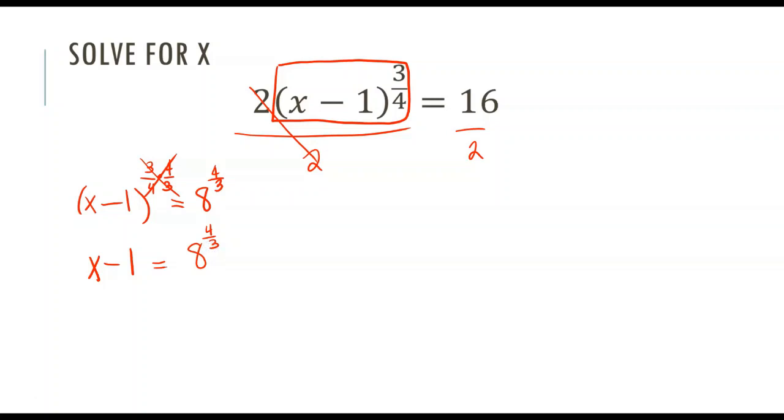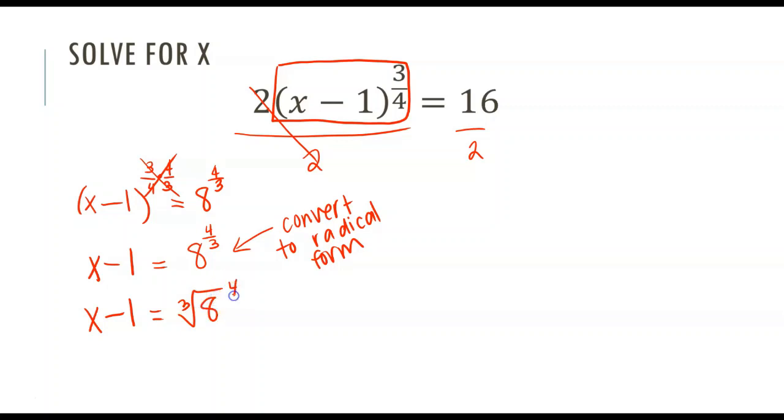And this is where you may feel stuck. But remember, anytime your right side of the equation looks like this is your key to convert to radical form. So I convert by writing the cube root of 8 to the 4th. Just like we saw before, you want to take the cube root of 8 first. It'll make life easier if you're using mental math.